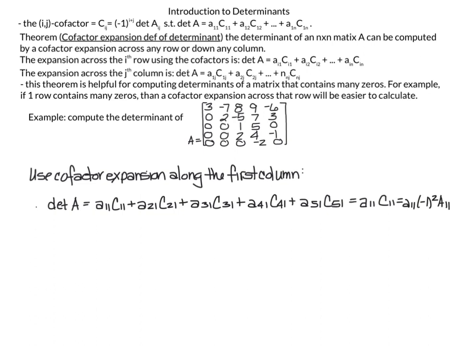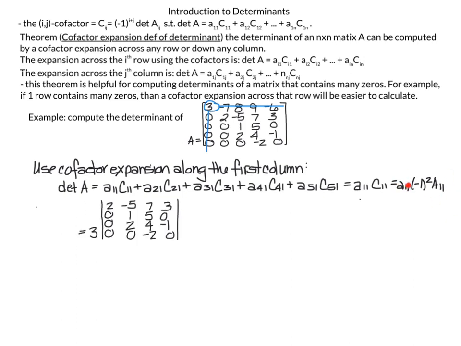So I'm going to plug in my A11, and then for my cofactor, first I have to take care of my negative 1, so that's negative 1 raised to the 1 plus 1. And then I have my matrix A with the ith and jth row and column deleted. My A11 is equal to 3, and my negative 1 squared is just equal to 1.